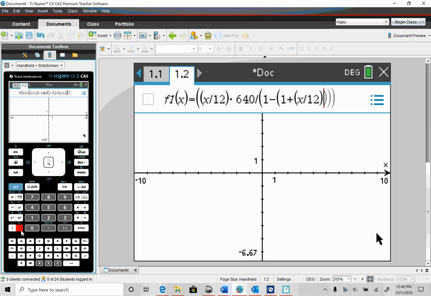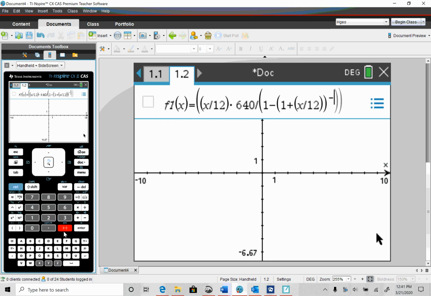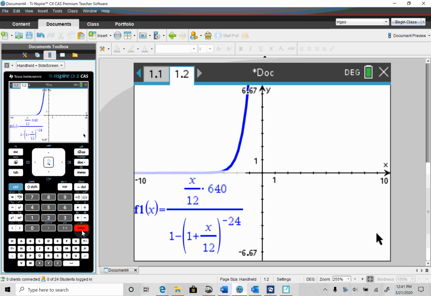Close that set of parentheses around the fraction. Close a second set of parentheses because it's 1 plus the interest rate. Now we need to raise that to the negative 24th power. And that's all one denominator there.